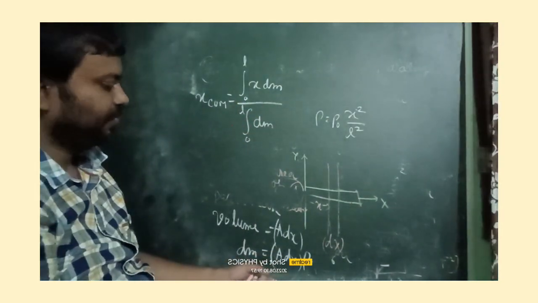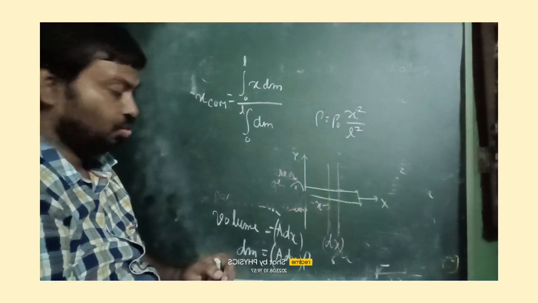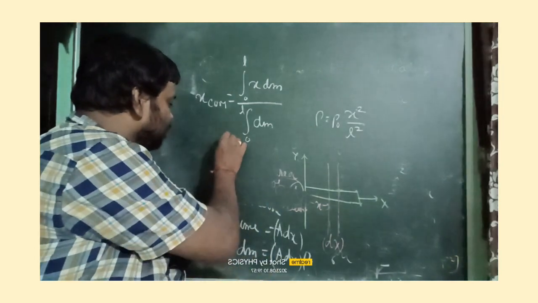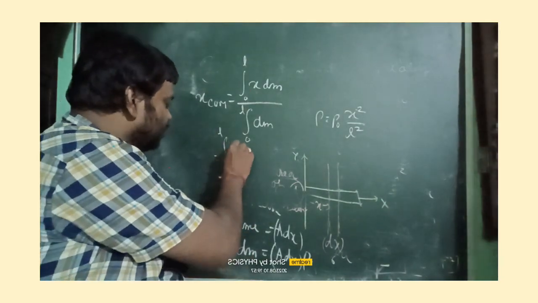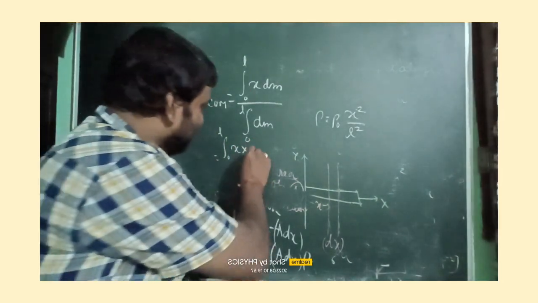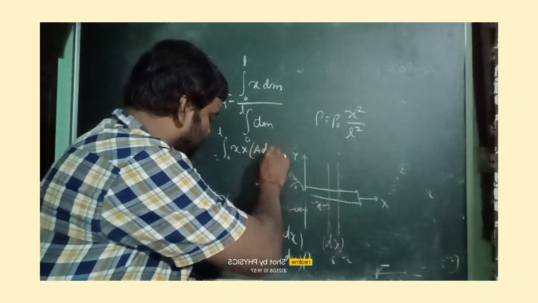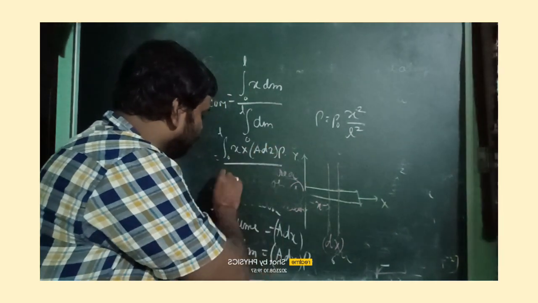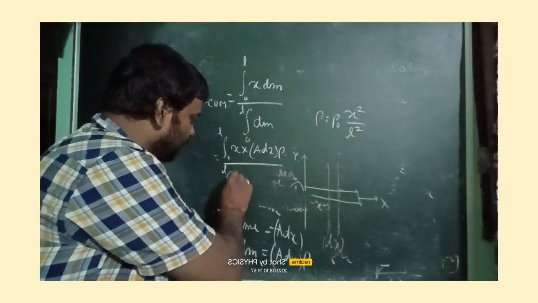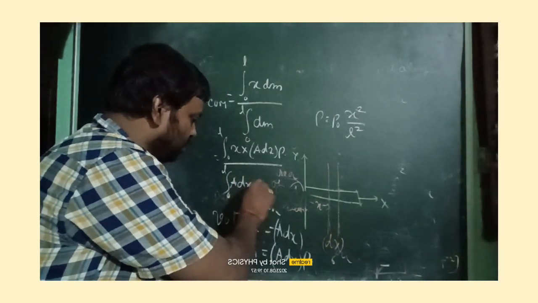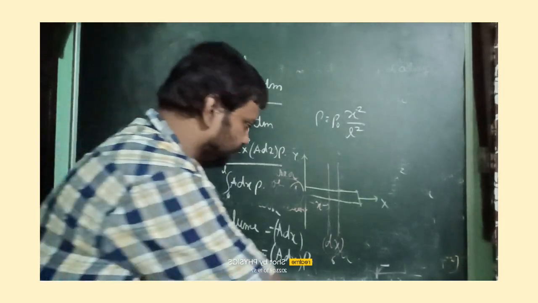Now what is dm? dm is a dx into rho. So that is equal to the integration 0 to L of x into a dx into rho, divided by the integration 0 to L of a dx into rho.